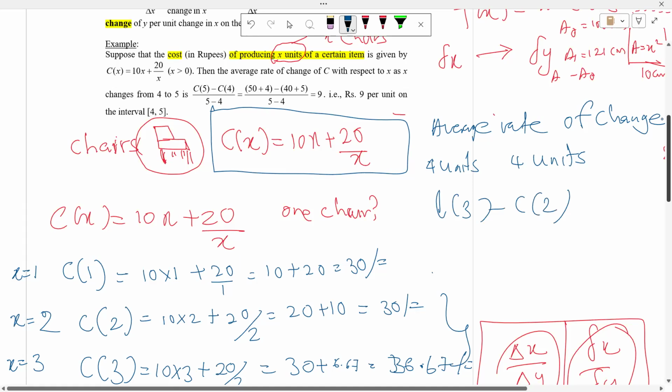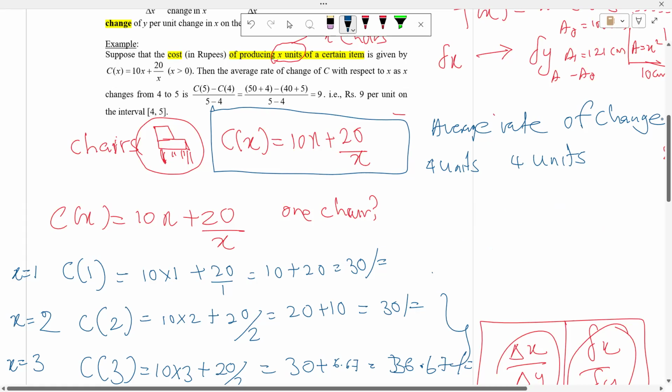We can call that the average rate of change in the cost if you manufacture 3 chairs and 2 chairs, right? So C3 is 36.67 minus 30, so the average rate of change in the cost is 6.67 rupees, right?